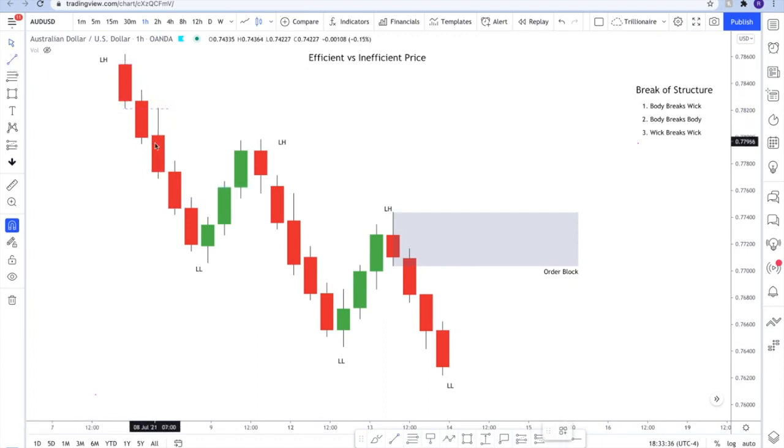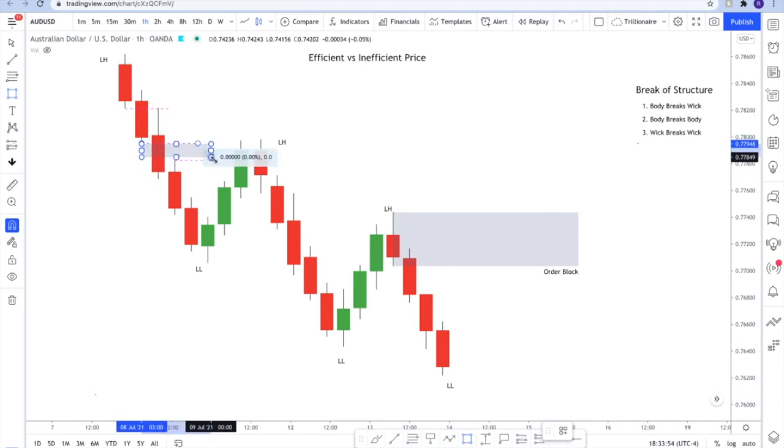Now, if we look at the next one, let's use this low, and then this high. Do you guys see how there's space in between this area right here? Let me grab this.